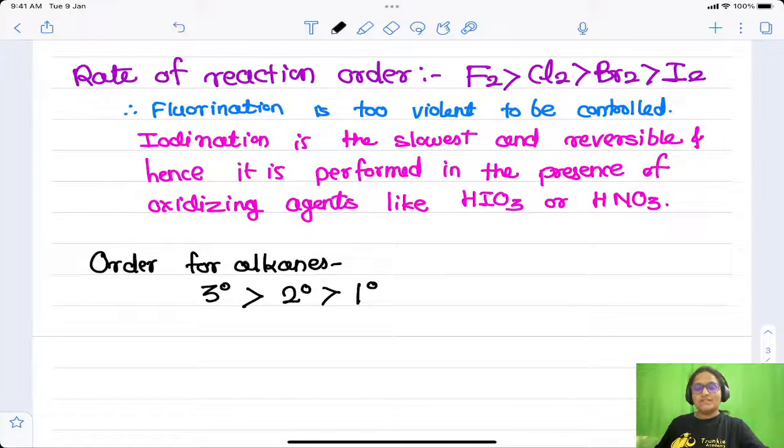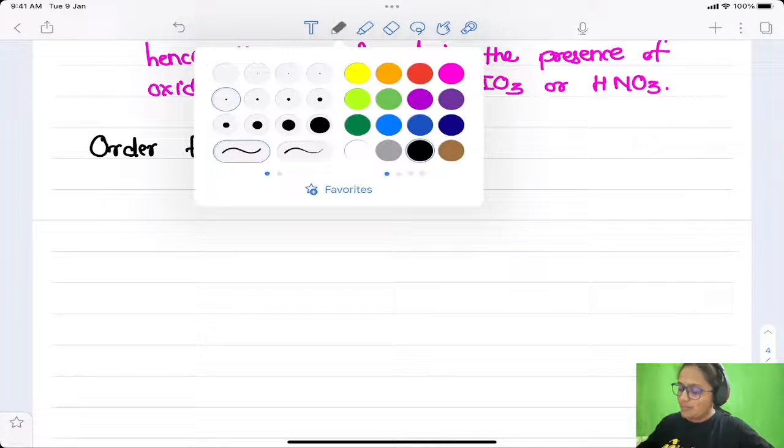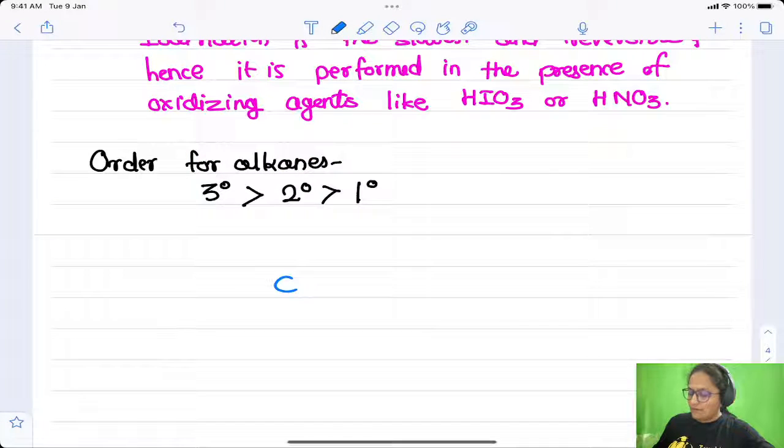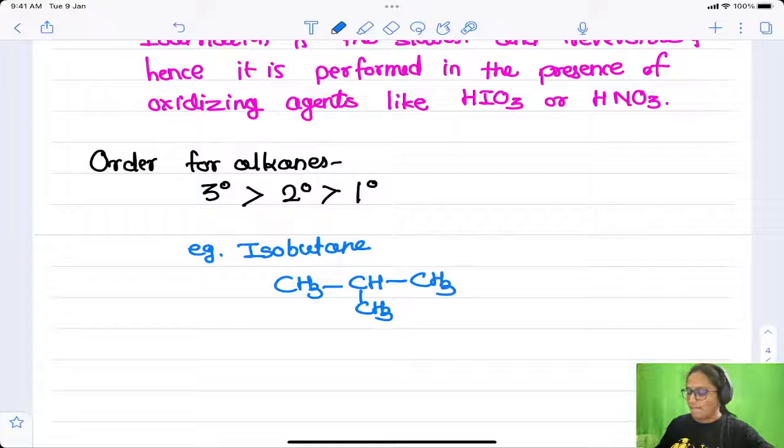So the hydrogen present on a tertiary carbon will be substituted more easily than on secondary, than primary. What is the meaning of it? I'll tell you. Take isobutane, for example. The structure of isobutane is CH3, CH, CH3, CH3.